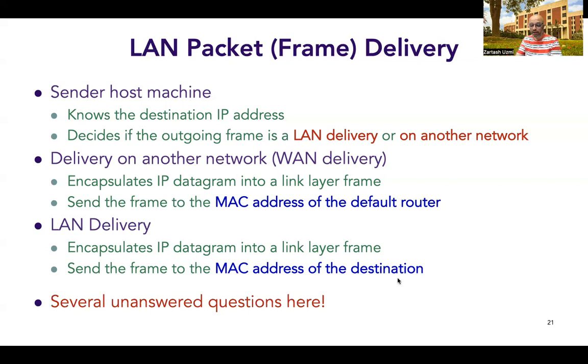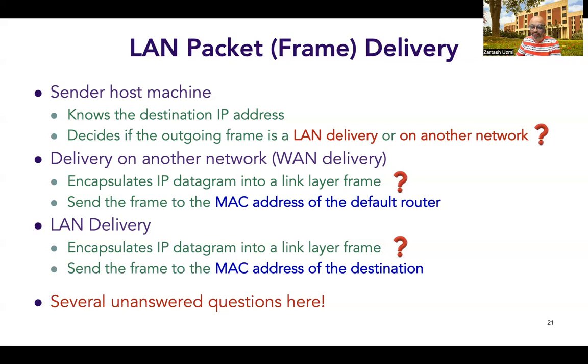Okay. Now, there are many unanswered questions here. Some of the questions could be, how does this host machine decide whether it is a LAN delivery or outside my LAN delivery, other subnet delivery? How would you decide that? Another question could be, how do you encapsulate the IP datagrams into the link layer frame? What should be the destination MAC address on the link layer frame?